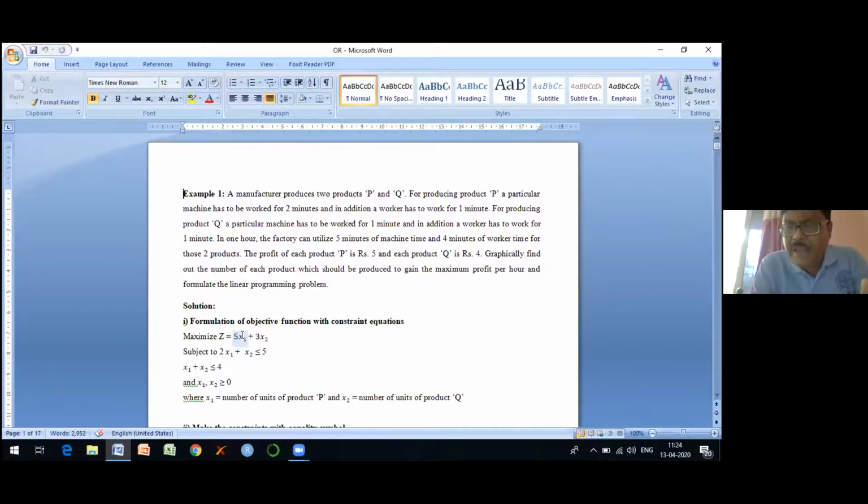So for X1 quantity of P, your profit will be 5x1.